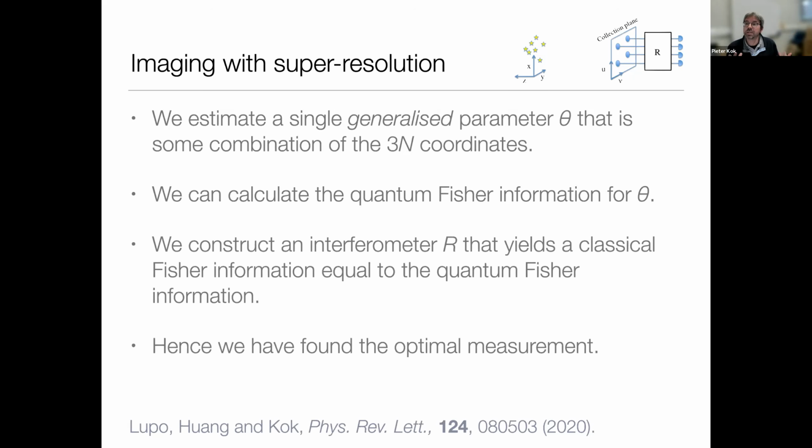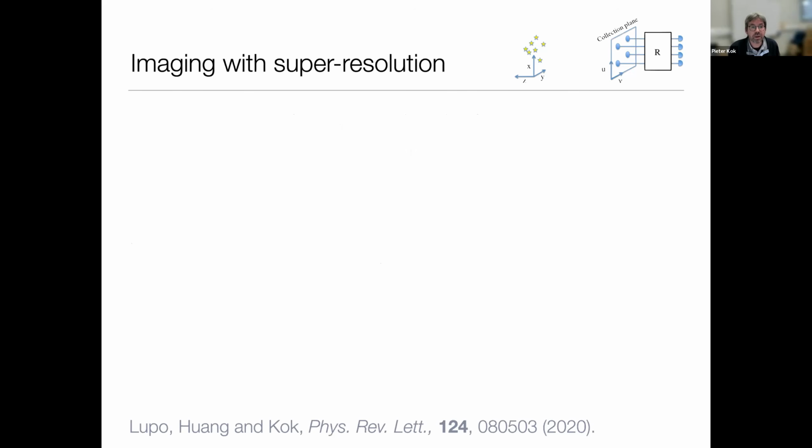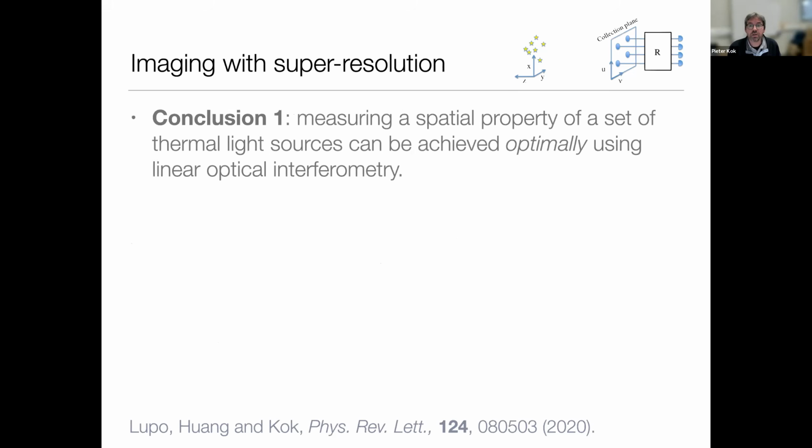And that means that we found the optimal measurement. Right? And we did so with linear optics, which is really quite cool. So there is no need to do any nonlinear processing of the light. So that's quite powerful. So the conclusion is that we can optimally measure the spatial property of a set of light sources.